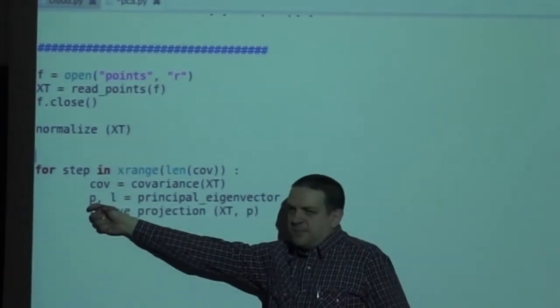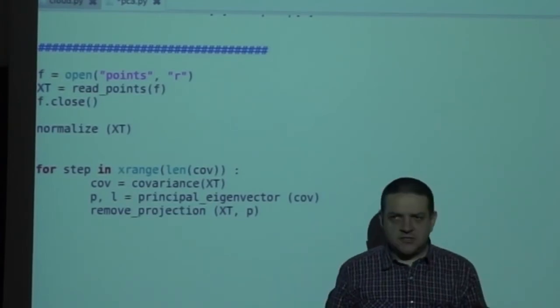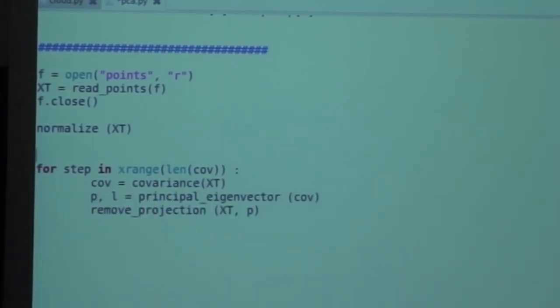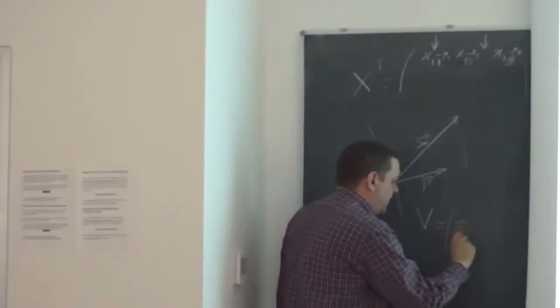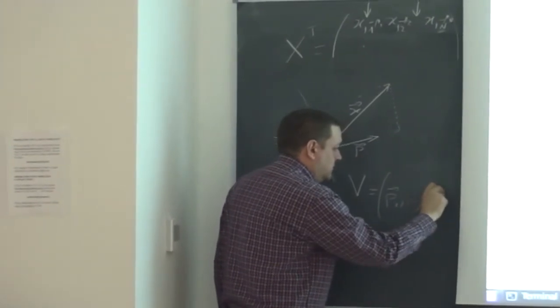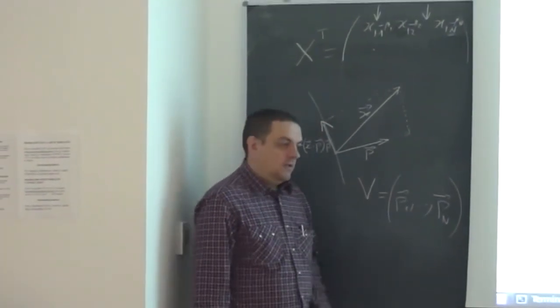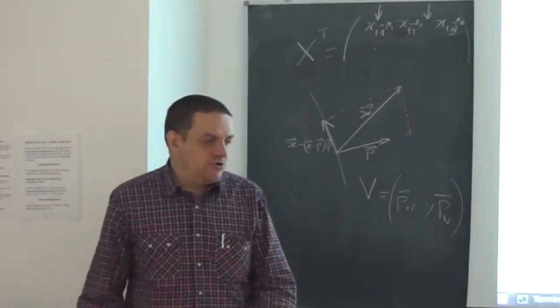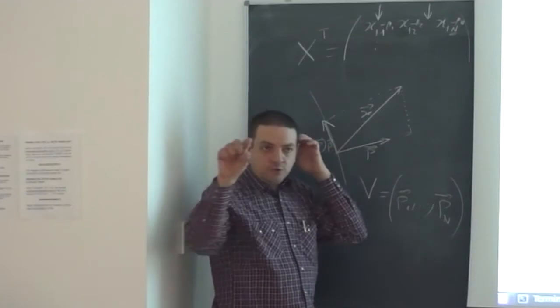But what I want to get here, in particular, is to store all the principal eigenvectors, all the eigenvectors, in one matrix. Remember, yesterday I defined the matrix V as the matrix having as columns the n eigenvectors. As usual, it will be easier to store the eigenvectors as rows.